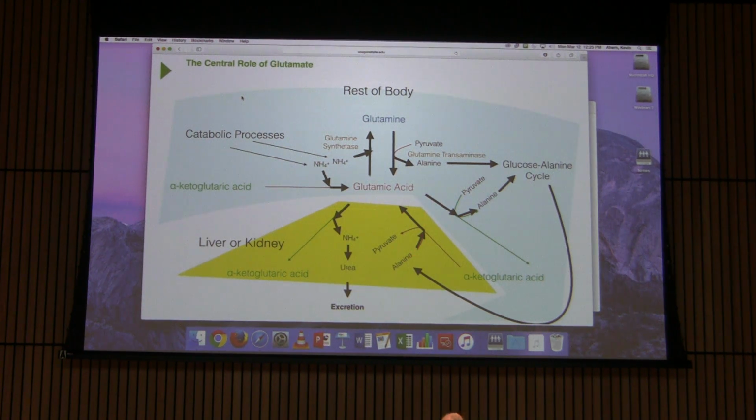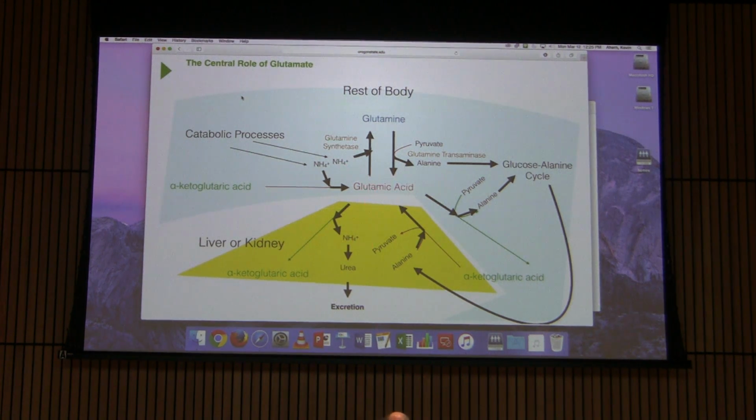On the right side we see transamination. Now the title of this slide was the central role of glutamic acid. And that's the number one point I want you to take away from this. Glutamic acid is central to all nitrogen metabolism in our cells, in our body. Okay? It's central to that process.